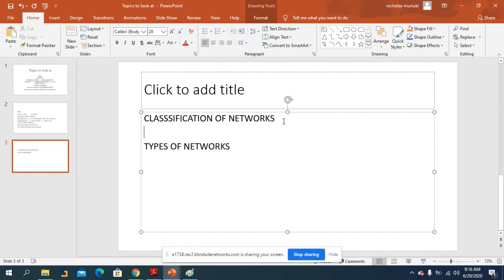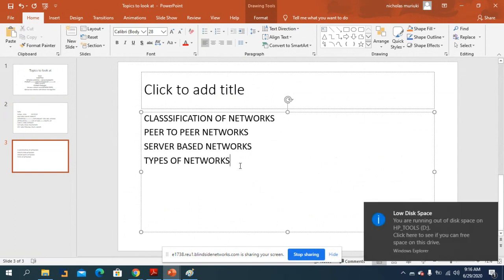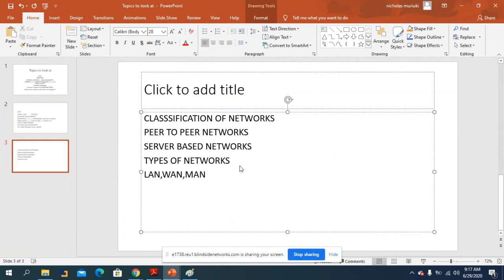In the classification of networks, we have peer-to-peer networks, and then server-based networks. Those are the two classifications. Then when you talk about types, we talk about LAN, WAN, MAN, etc., campus area network, CAN, personal area networks, etc.